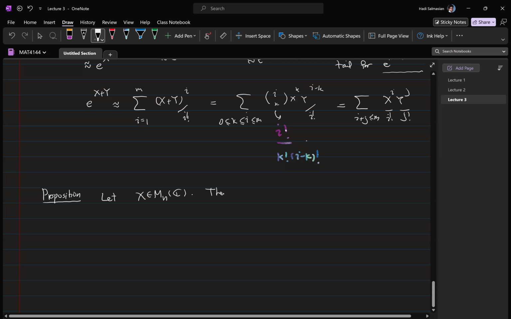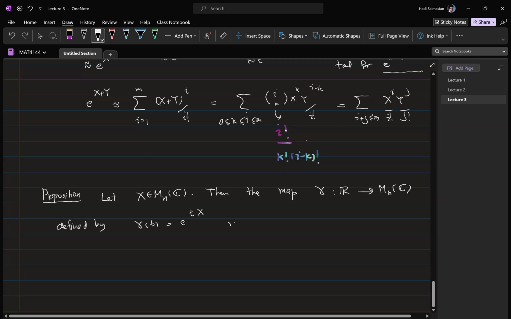Then we have this map that goes from R to M_n(C), but in fact, the image is in GL_n(C). It's defined by gamma(t) equals e to the tX.